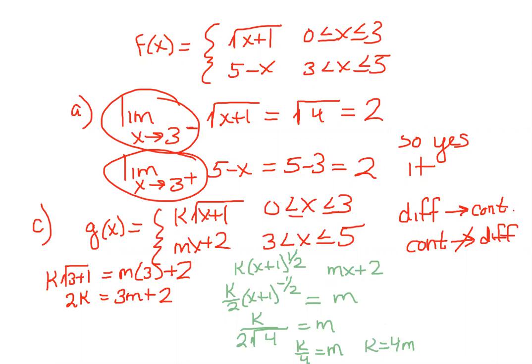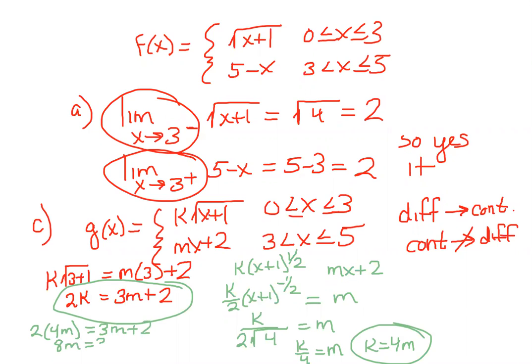So now we have this, and we have this, and we can substitute them in. We can say 2 times 4m has to equal 3m plus 2, or 8m is 3m plus 2, or 5m equals 2, and m equals 2/5.